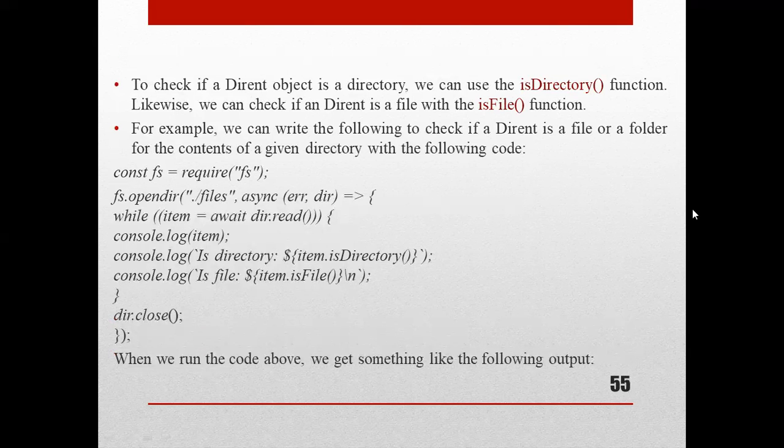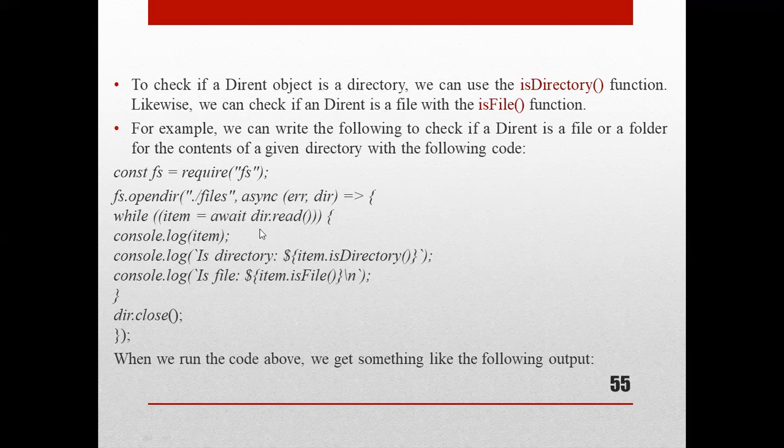To check if a Dirent object is a directory, we can use the isDirectory function, and to check if the current item is a file, the isFile function is there.